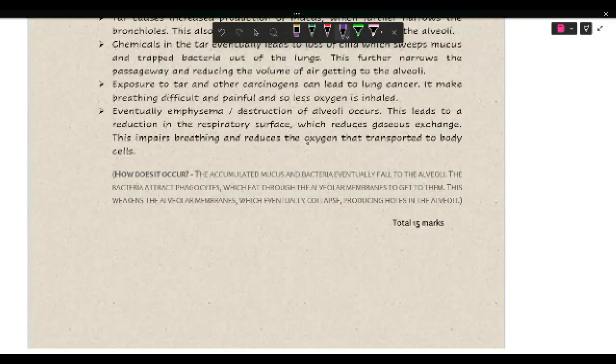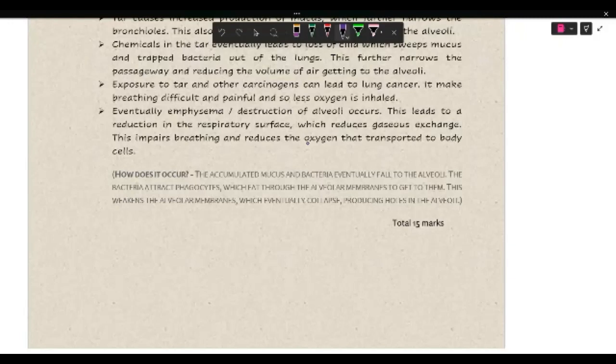bacteria. And therefore, you literally have an autoimmune response, well, not autoimmune response, but a version of it, where your immune system is now destroying your own tissues in its function, right? And the phagocytes eat through the alveolar membranes, and of course, that's going to weaken them and they're going to eventually collapse.